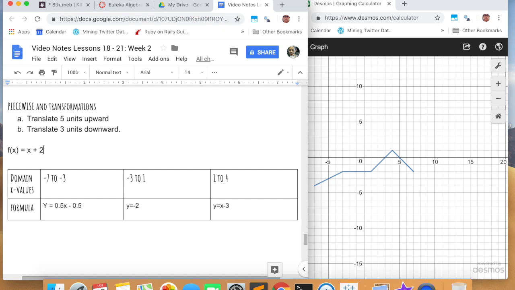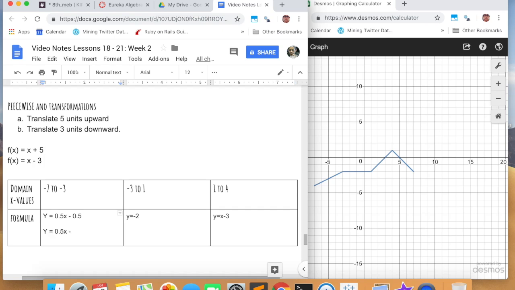And because you already have the equation, I'm looking at my first interval here, 0.5x minus 0.5, then I would add 5 to that. When you add 5 to a negative half, your result will be a positive 4.5. So now your new equation is going to be y equals 0.5x plus 4.5.